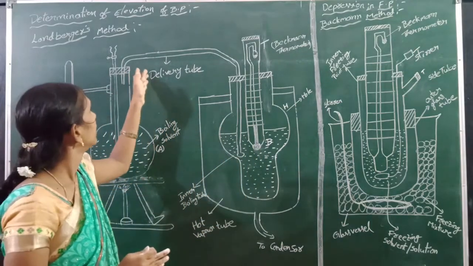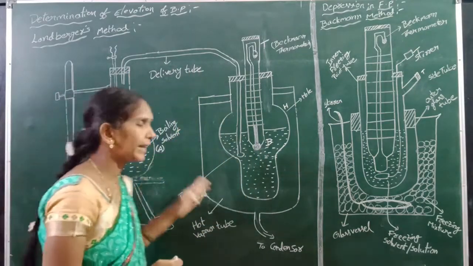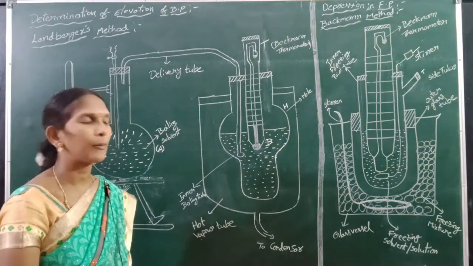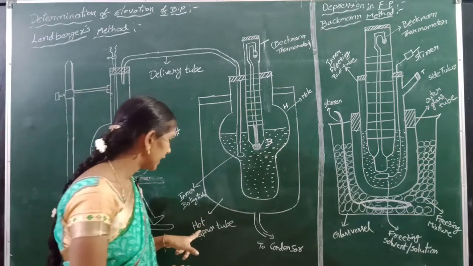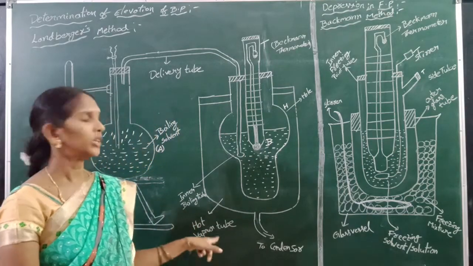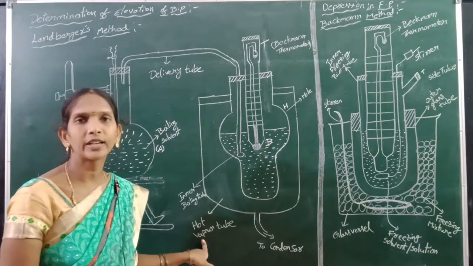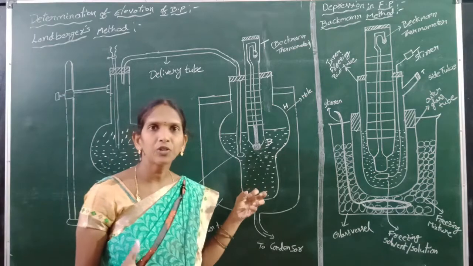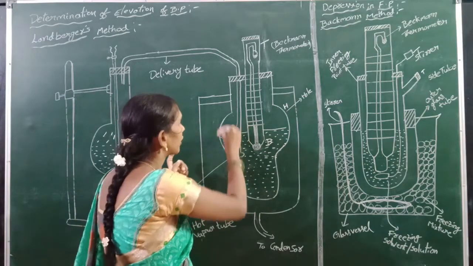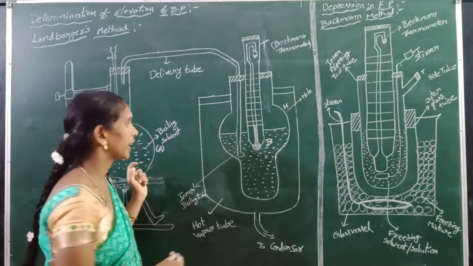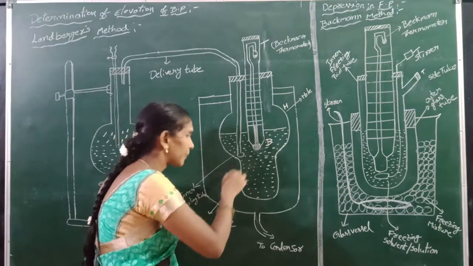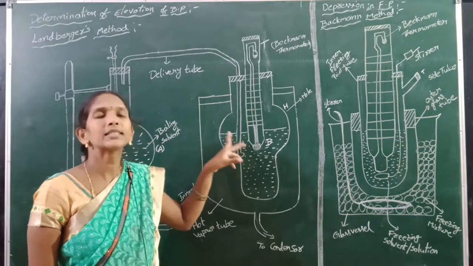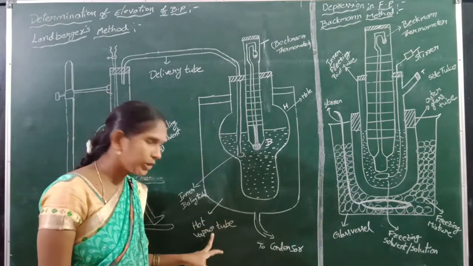This is the delivery tube. The next part is the hot vapor tube. The hot vapor tube is used to receive uncondensed vapors from the hole.